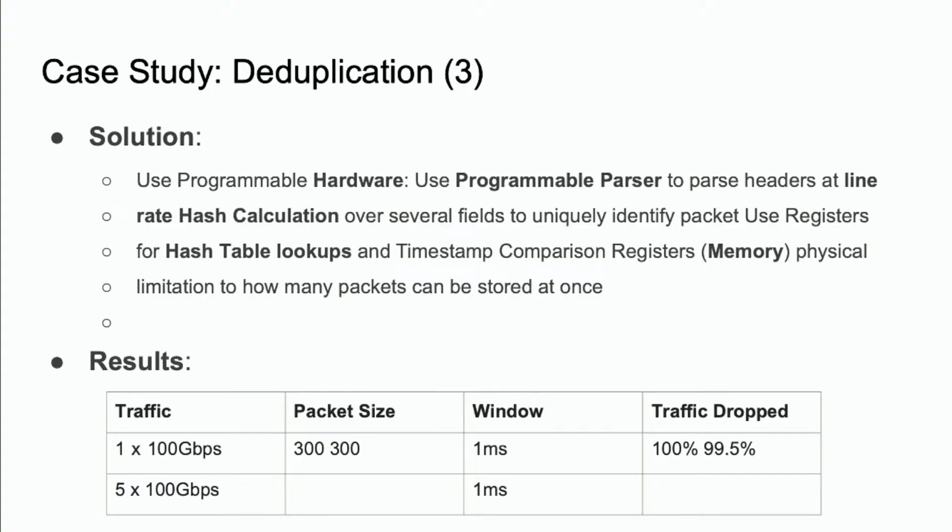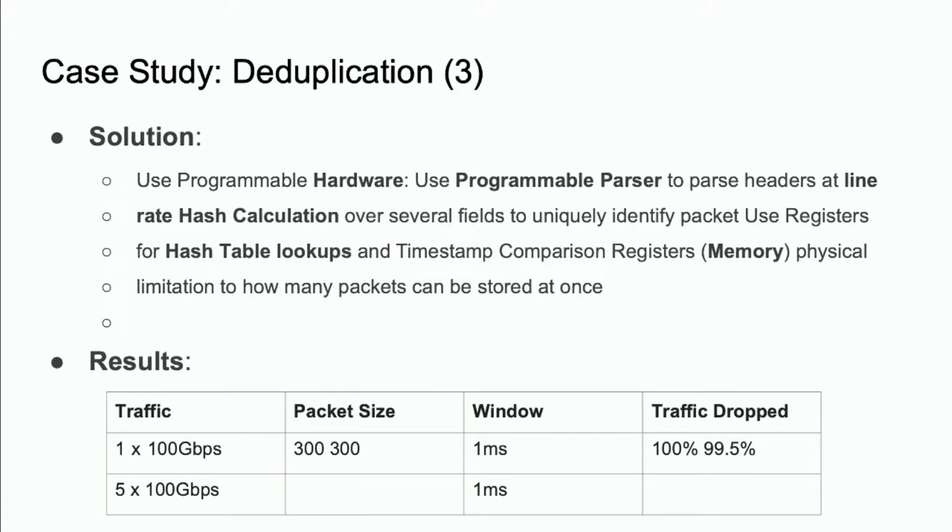And there's also a lot of SRAM on these devices, so we could use that quick SRAM to store our hash table in. So everything can be done at line rate.